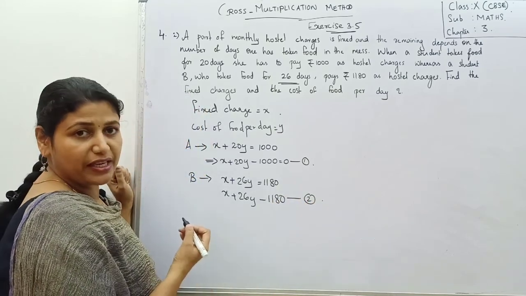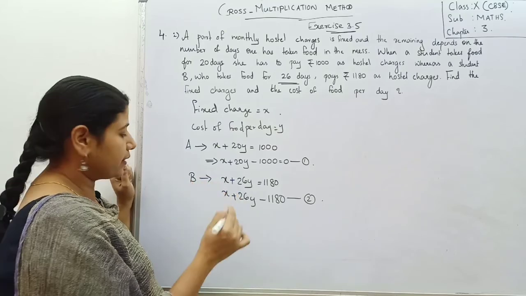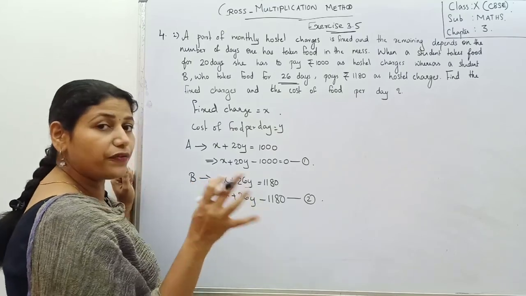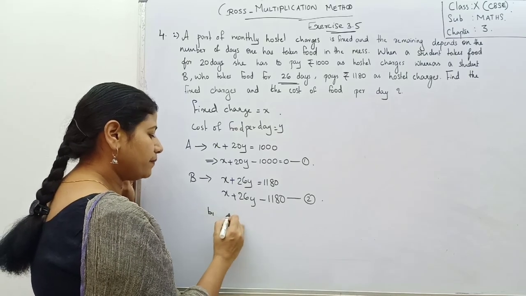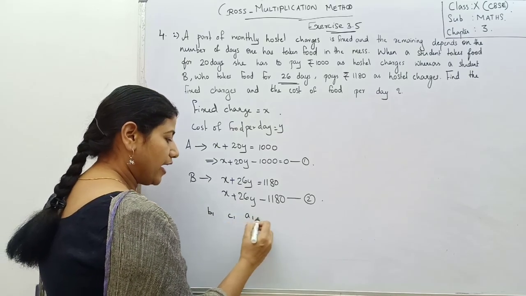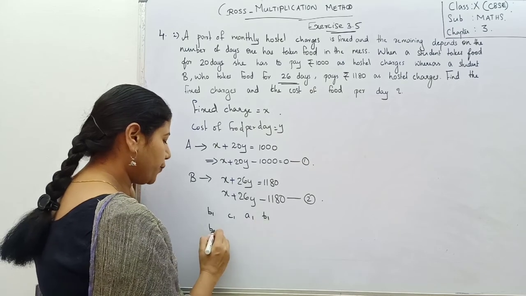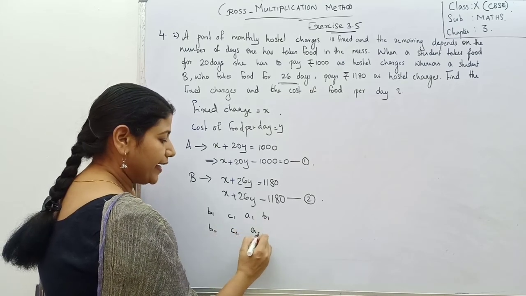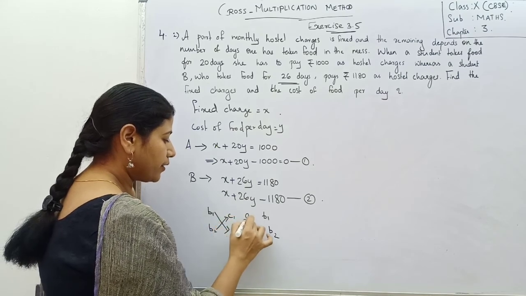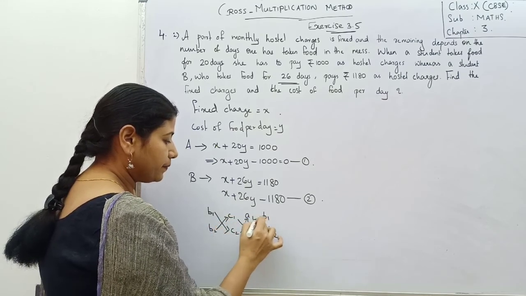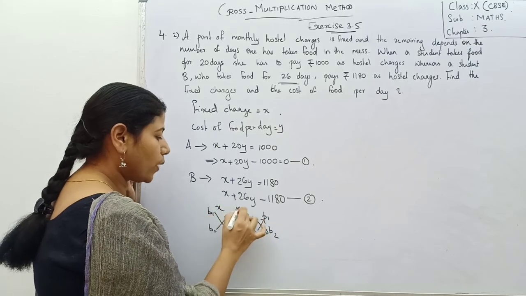According to the cross multiplication method, we have studied an easy method. We write the coefficients of x, y and the constant terms as b1, c1, a1, again b1, and here b2, c2, a2 and again b2. Just cross multiply these. You will get, and you want to write here x, y and 1.